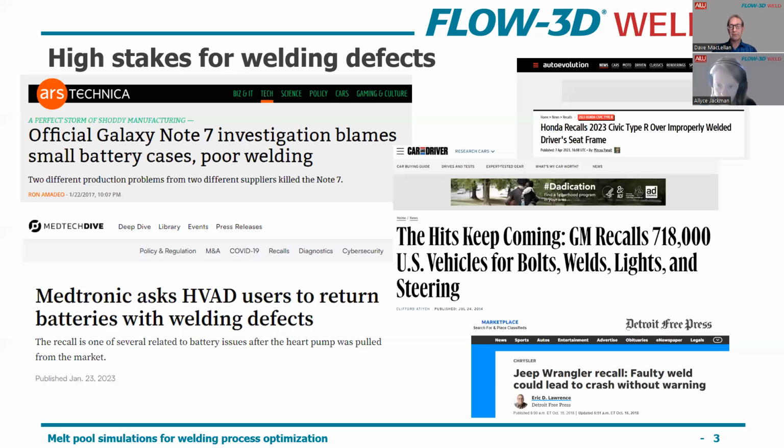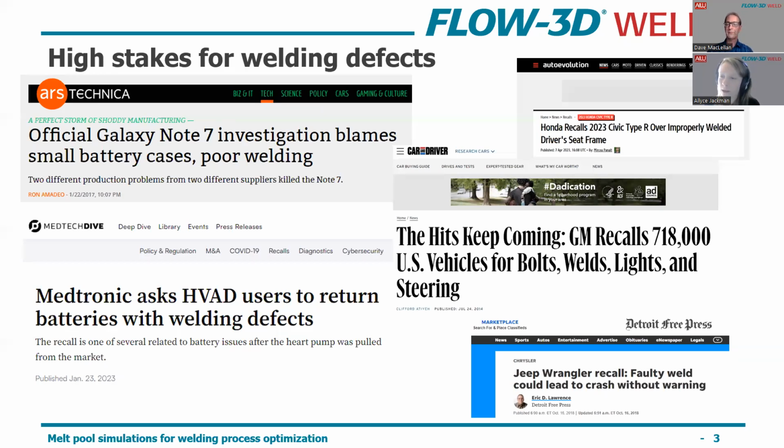So high consequence there. We see on the vehicle side of things, of course, vehicles are tens of thousands of dollars each, and pulling back hundreds of thousands of vehicles because of welding defects, sometimes breaking down on the road, causing injury to drivers, causing traffic issues.